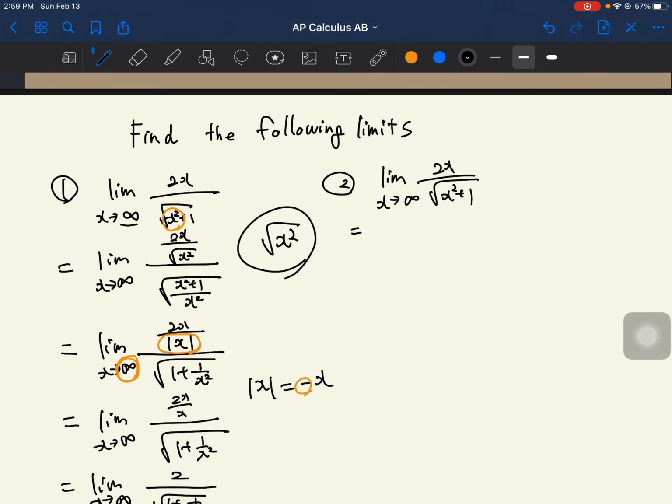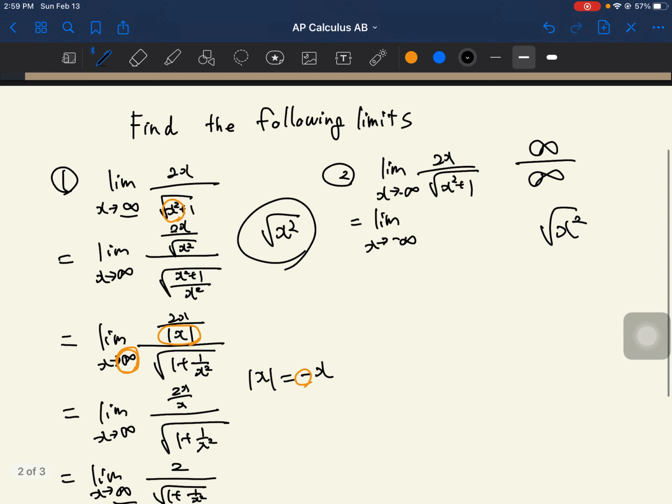This looks, oops, so far it's the same question. Let me put a negative here. It's negative infinity. So first of all, this one is also infinity over infinity. So you have to divide by the highest degree term in the denominator, which is the same, the square root of x squared.